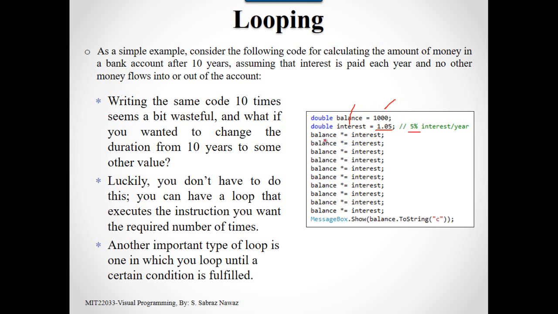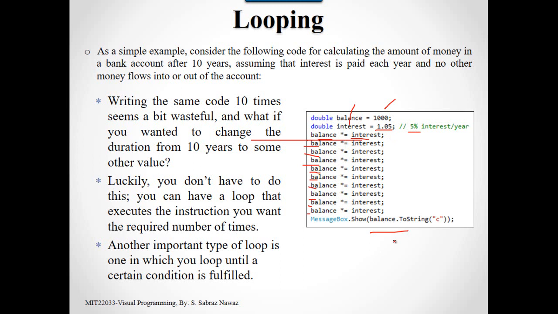Each time you multiply the balance amount by 1.05, it is added with the interest. The particular statement has to be run 10 times, and then you have to show the balance.